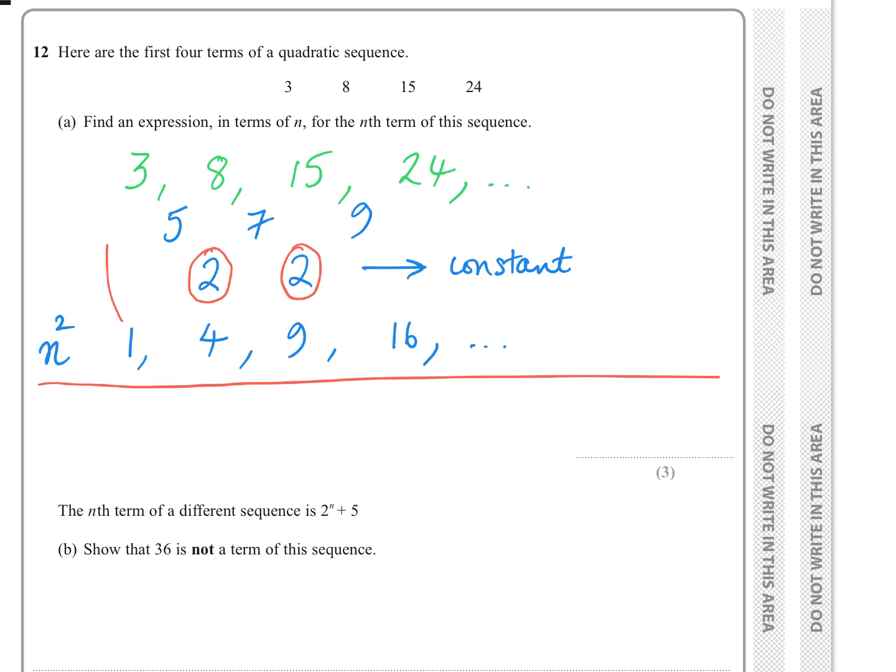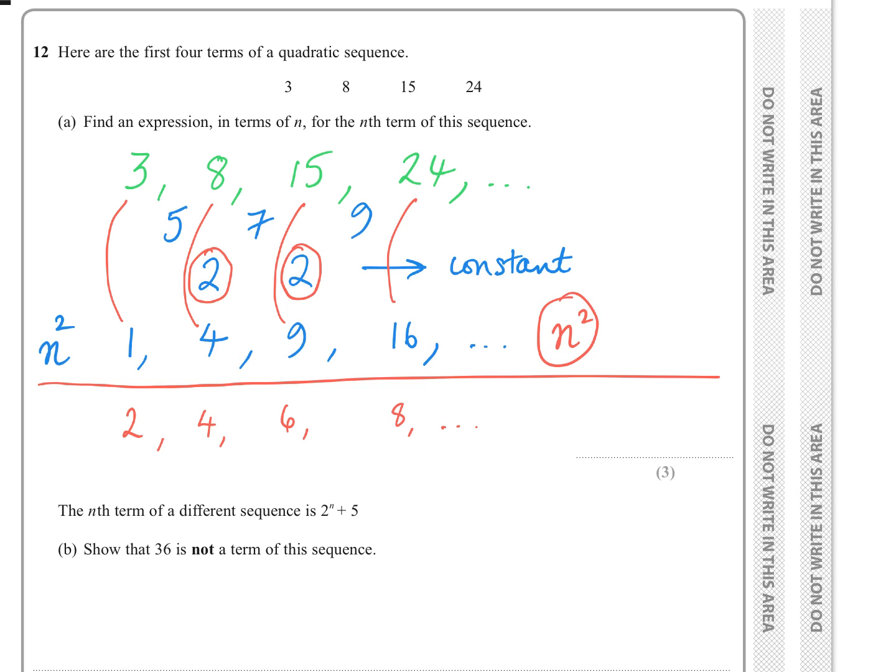So what do we need now? Well, we'd need to add 2. Here we'd need to add 4. Here we'd need to add 6. And then, this is nice, we'd need to add 8. So we definitely know there's an n squared involved, because that's given us a situation now where we've got 2, 4, 6, 8 is all we need, and so on.